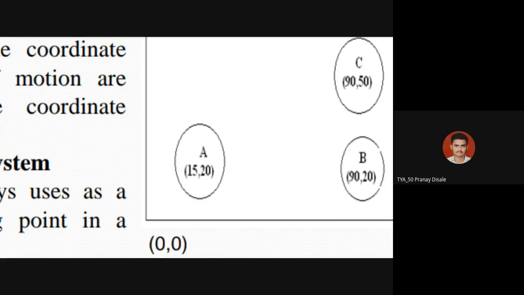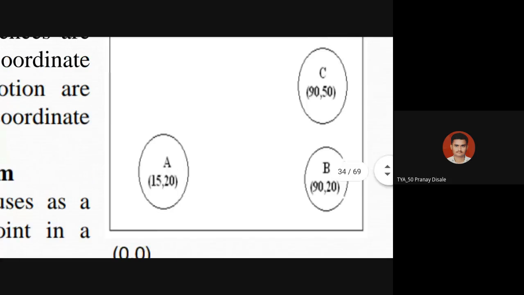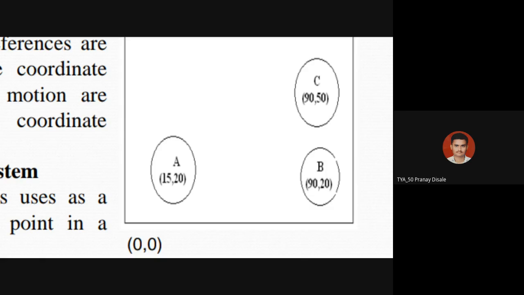B point has horizontal distance 90 centimeter and vertical 20. And C point also has horizontal 90 and 50 mm, whatever the unit may be, 50 mm distance from the x axis, vertical distance.